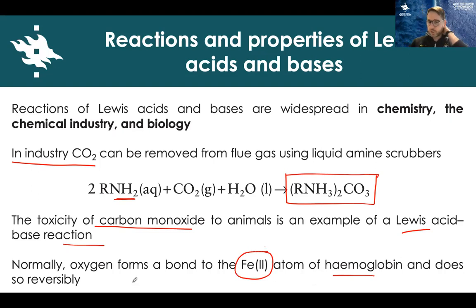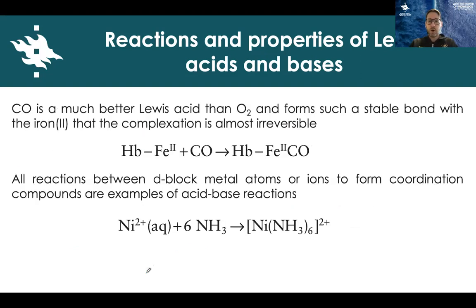The transport of oxygen happens because oxygen forms a bond with the iron(II) species in the hemoglobin molecule. This is an example of acid-base interaction in which the iron species acts as a Lewis acid and the oxygen as a Lewis base. This interaction is reversible, and that's why this molecule can transport oxygen.